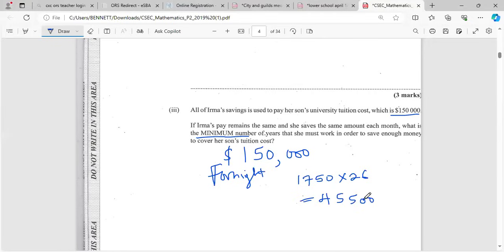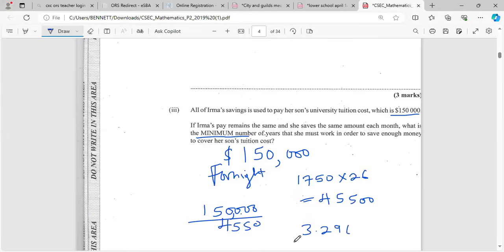So all we have to do now is just divide this 150,000, one more zero, yeah, by the 45,500, because that's how much she makes per year. And we get 3.296.